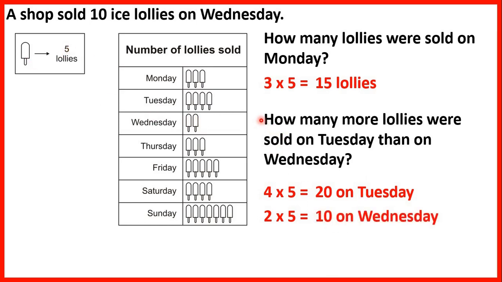Now the question asks how many more, so we need to find the difference, and we find the difference using subtraction. So 20 minus 10 is 10, and that means 10 more lollies were sold on Tuesday than on Wednesday, because 20 were sold on Tuesday, but only 10 on Wednesday.